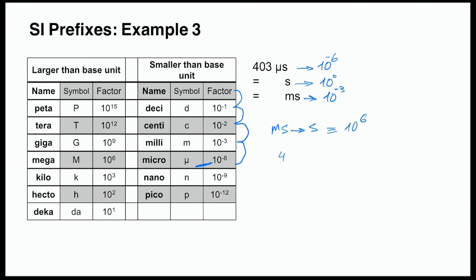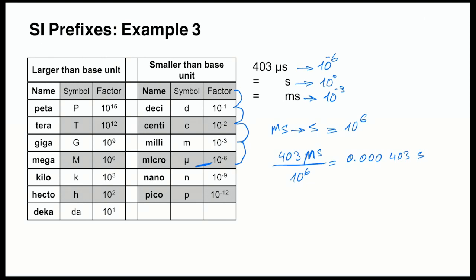So 403 microseconds divided by 10 to the power of 6 is going to be 0.000403 seconds. Okay.